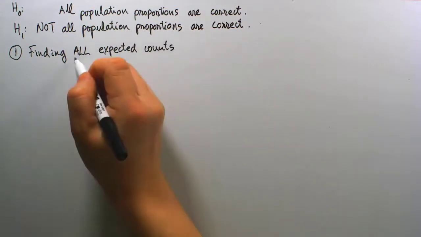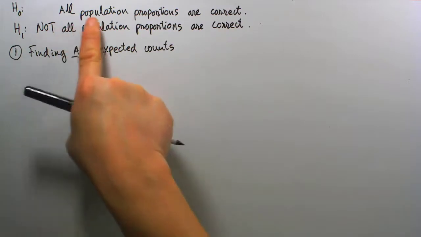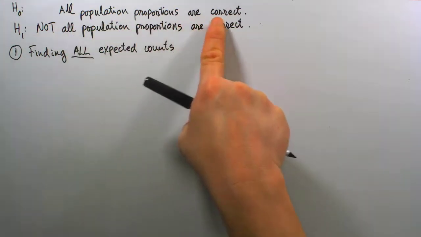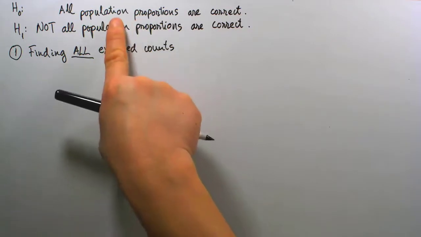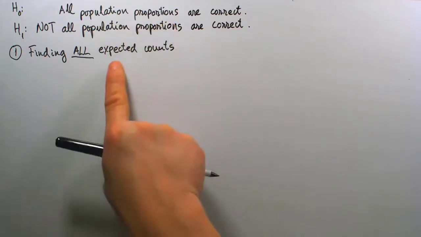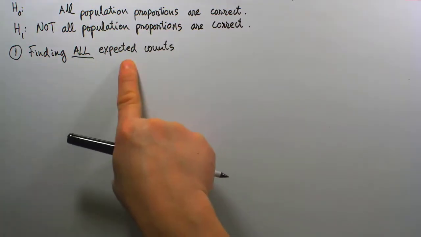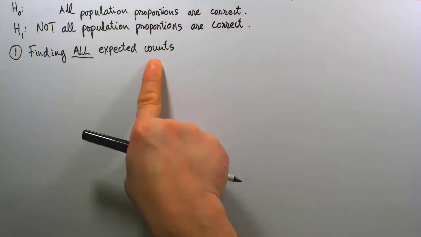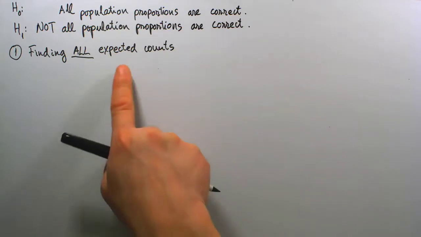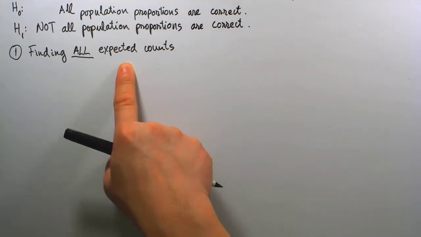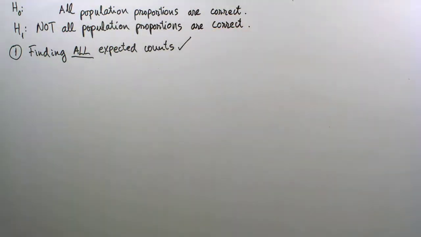Because again, if H sub 0 was true, claiming that all proportions stated in the table are correct, then any one of the population proportions will produce for us an expected count. So it was our first step here to find all expected counts. So in this problem we had 4 categories, and we ended up with 4 expected counts as described in the table. So that was the step that was done.